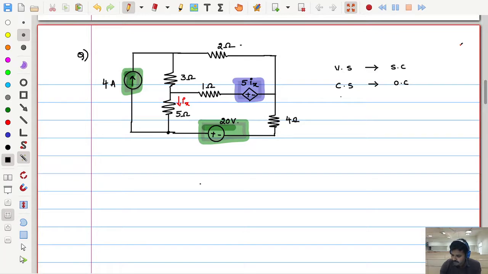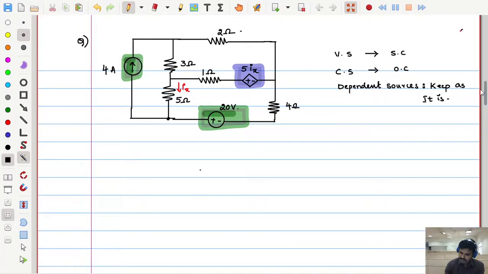But for dependent sources, don't make any changes. Keep them as they are. Don't replace the dependent sources by an open circuit or short circuit. Keep them as they are. Now let us take it step by step.